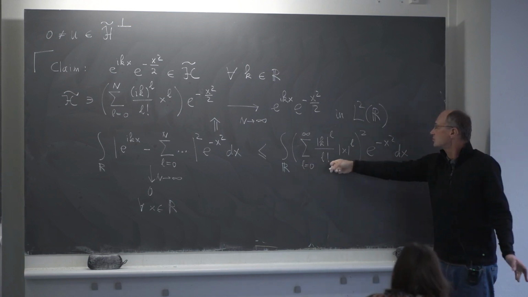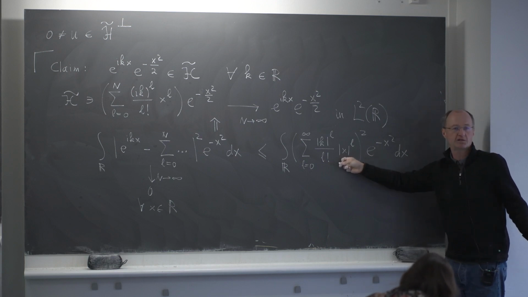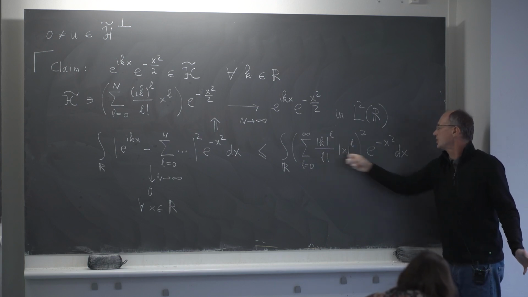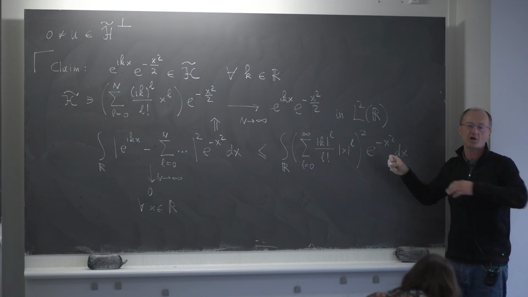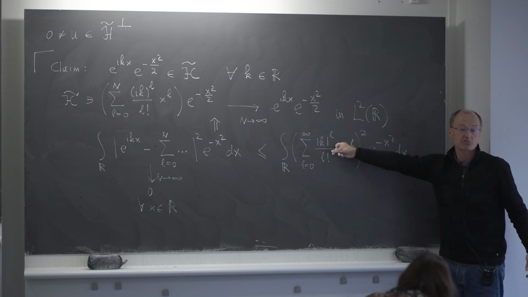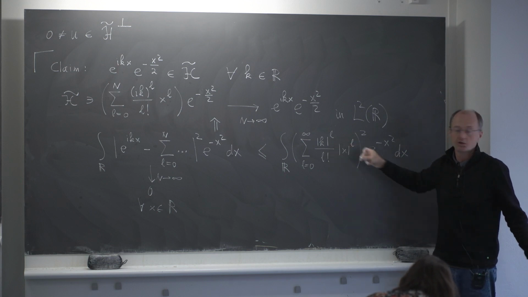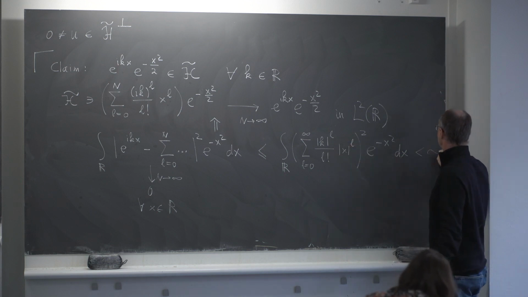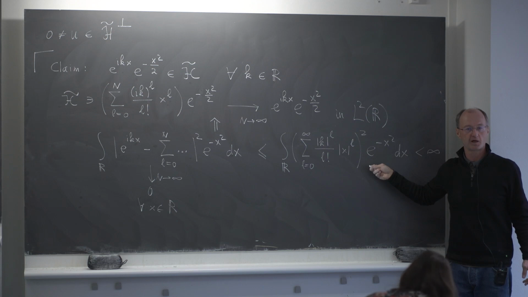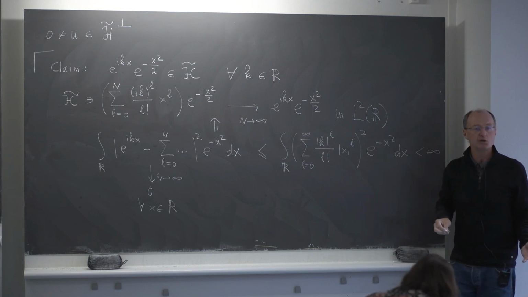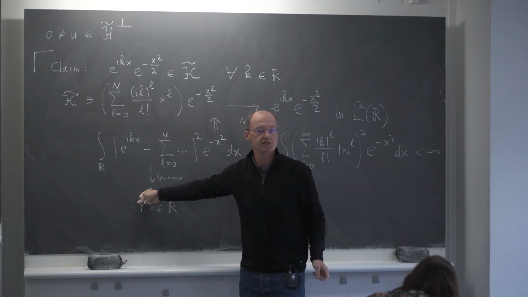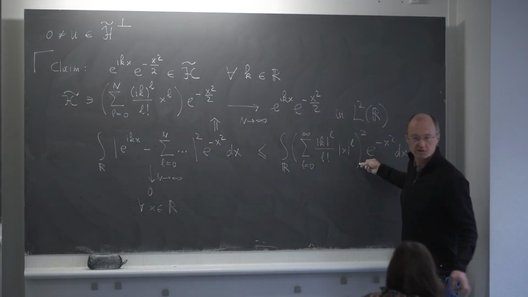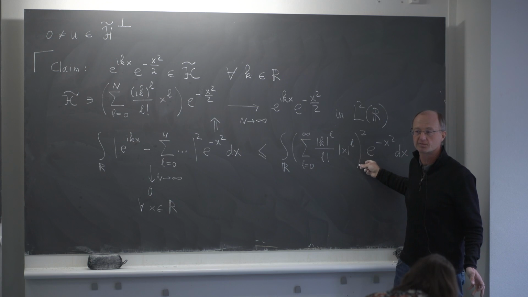Now, this integral is clearly convergent. This is some kind of exponential function, and exponential minus x squared trumps whatever exponential of a linear function. So this integral is convergent. Now, by the dominated convergence theorem, these things converge pointwise, and they are all bounded by something which converges.